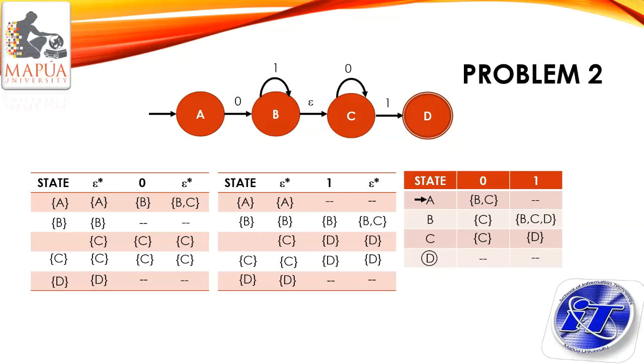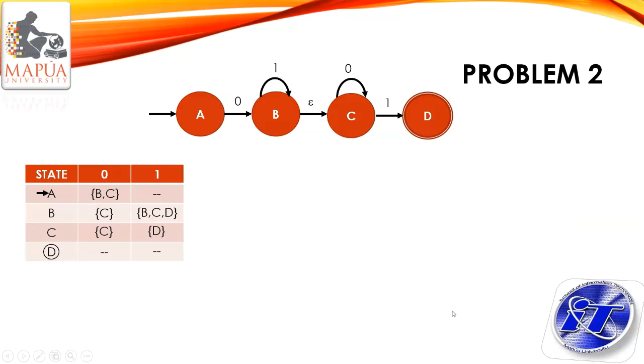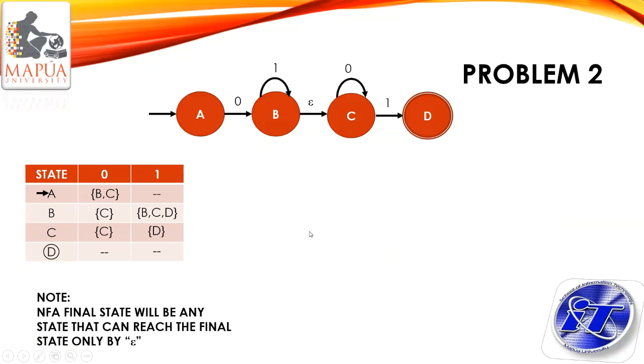Now we're ready to create the NFA, since we already have this transition table for the NFA. Let's start with A. By the way, is there any state that could reach the final state through epsilon?